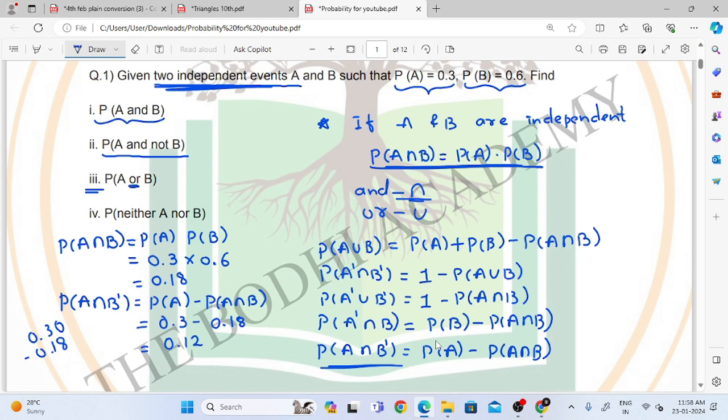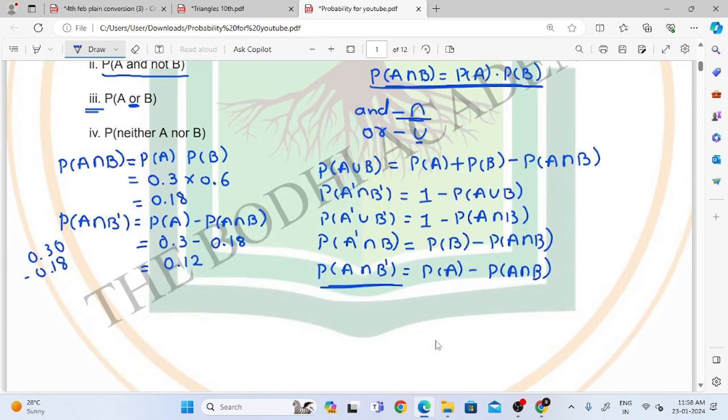So the word "or" is there. Or means union. So we have to find the union for the third question, P of A union B. We'll use the first formula. P of A union B is nothing but P of A plus P of B minus P of A intersection B. So P of A is 0.3 plus P of B is 0.6 minus the intersection, that is 0.18.